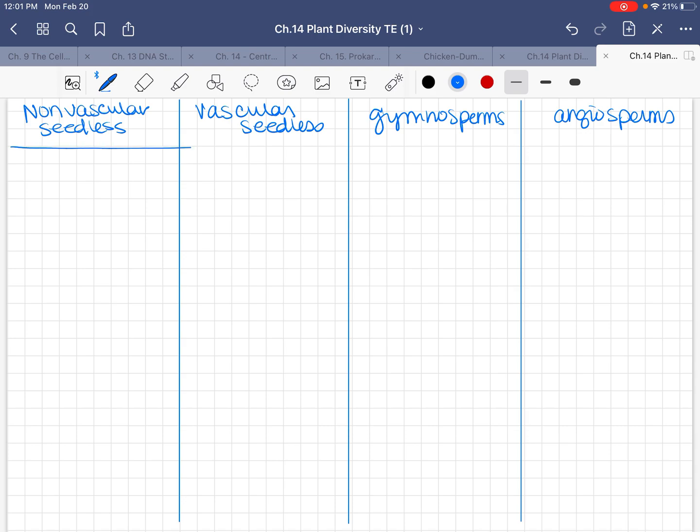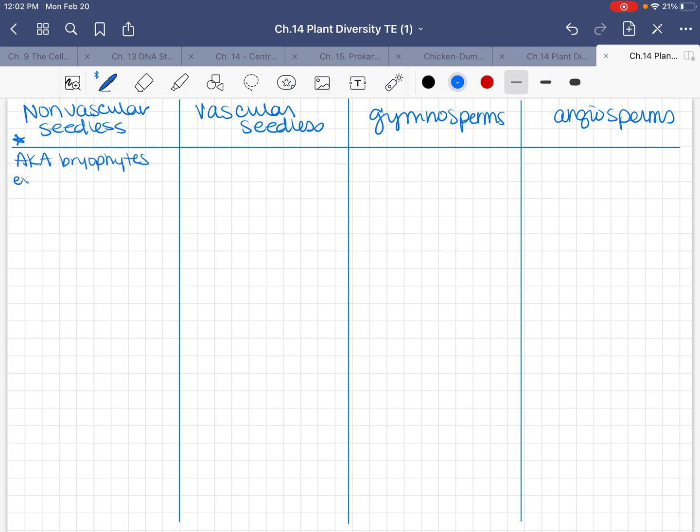When we talked about each of these, we should remember that our non-vascular seedless ones were our first plants on Earth, and then now we are to the point of our angiosperms being our dominant ones. We still have all of the different types of plants, but our non-vascular seedless were evolutionarily the first plants that were there. And our non-vascular seedless plants, we also know them as bryophytes.